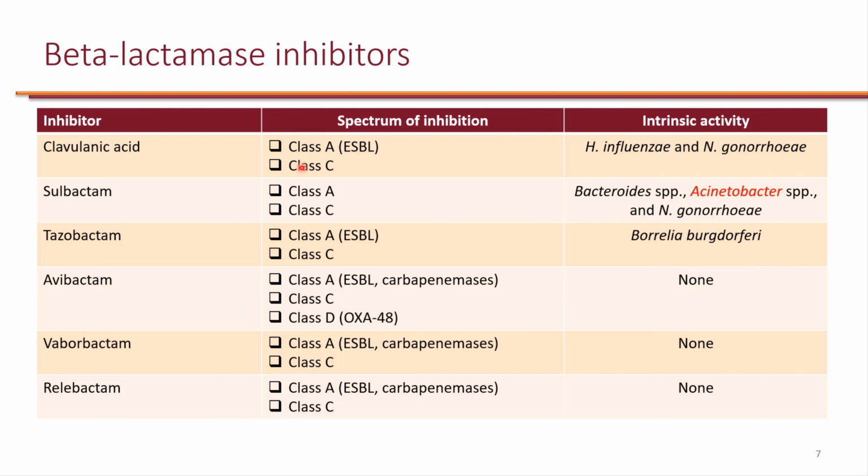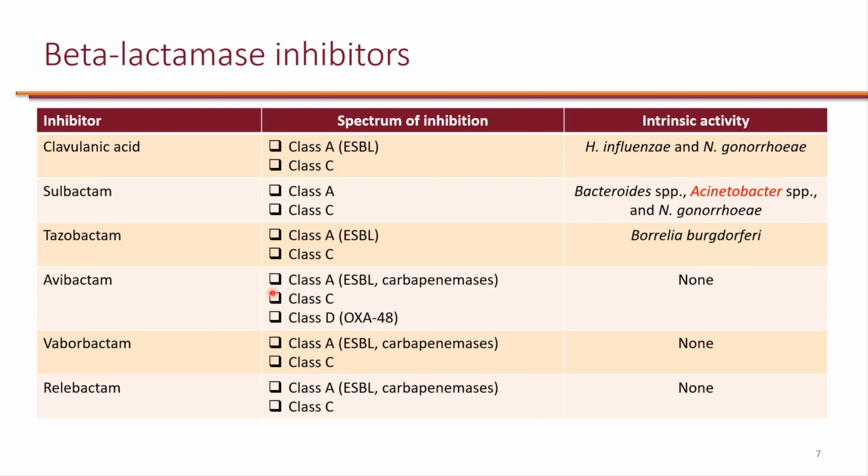It can also inhibit class C, but not class B or D. Sulbactam has activity against class A, but not ESBLs or carbapenemases. It is active against class C, but not class B or D. Tazobactam is active against class A as well as ESBL, but not carbapenemases, and not class B or D. It is active against class C.